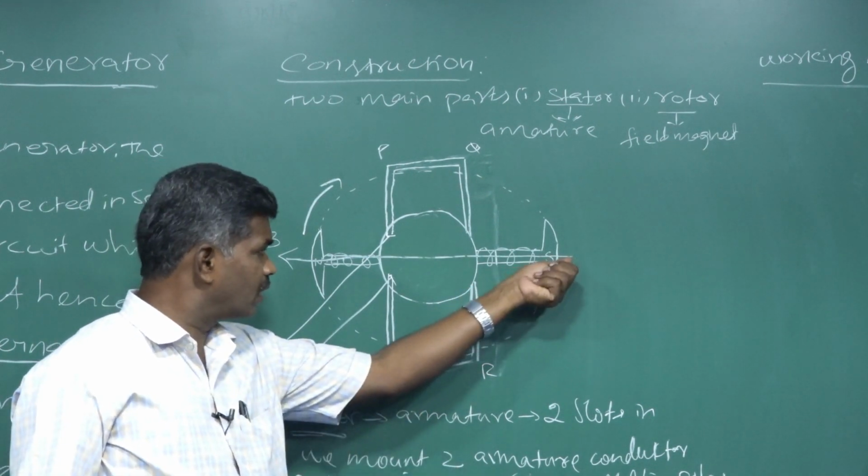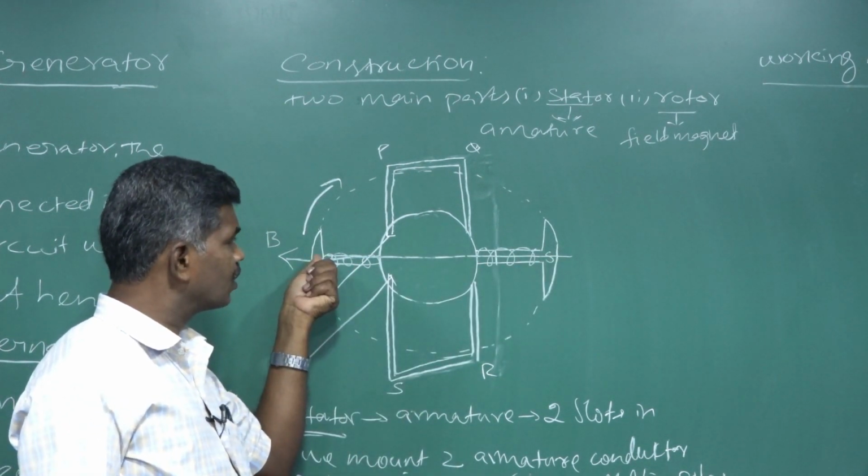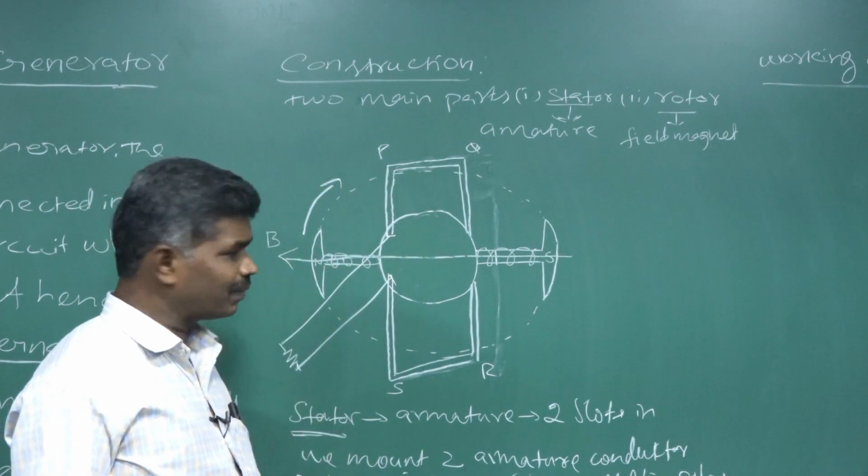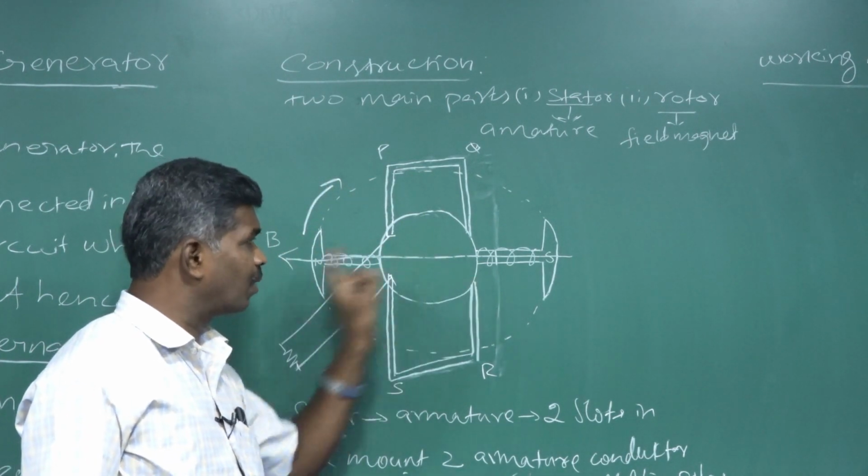Initially the magnetic field is acting perpendicular to the plane of the loop, along the normal.